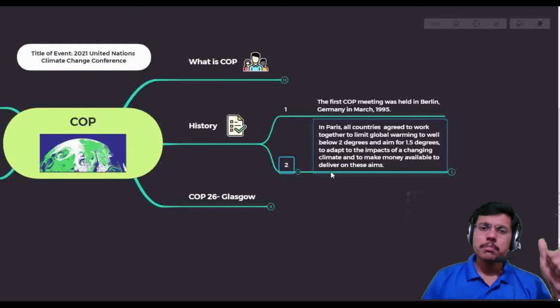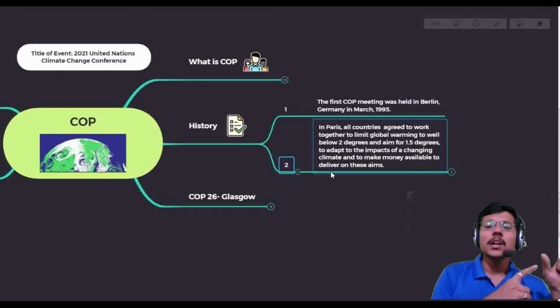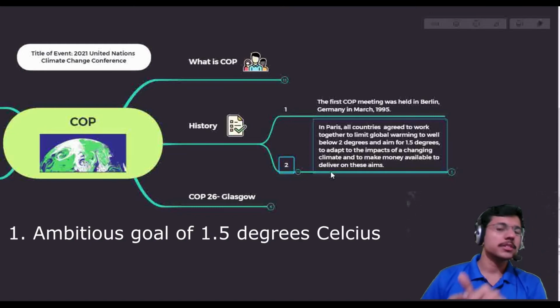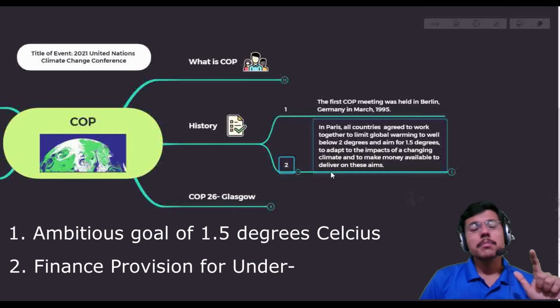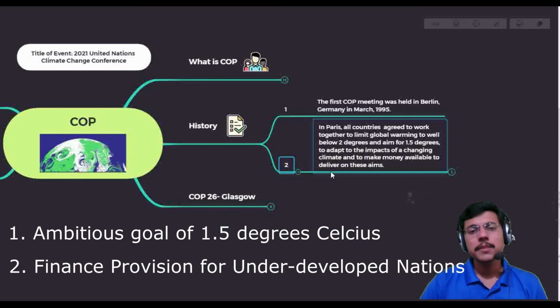Two important things happened in the Paris Agreement. First was the ambitious goal of 1.5 degrees Celsius, unanimously accepted by all the nations. Second, it also talked about providing finances to underdeveloped or developing countries so that, as a world, we can work towards resilience and managing this climate change scenario.